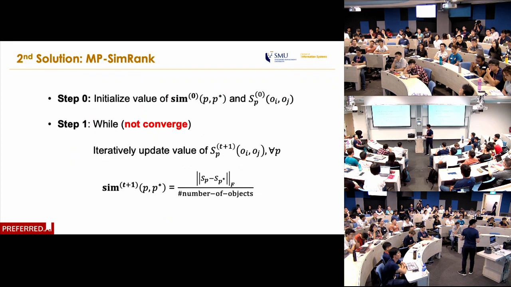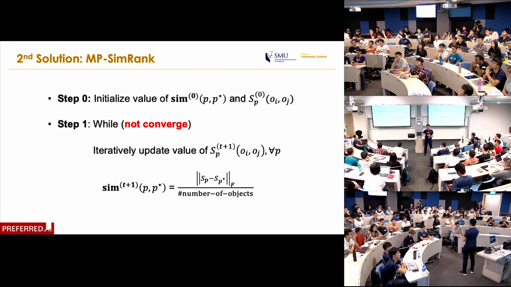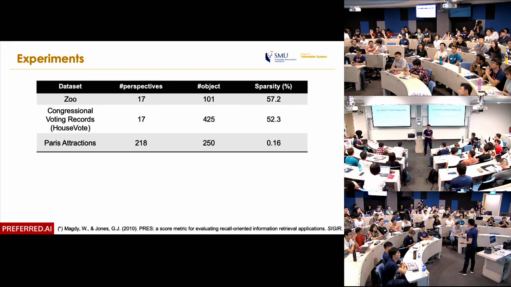So this is the first solution. The second solution is that we update these two values simultaneously. At the same time, you update how similar you and your friend are, and at the same time you update how you perceive the two objects as similar.